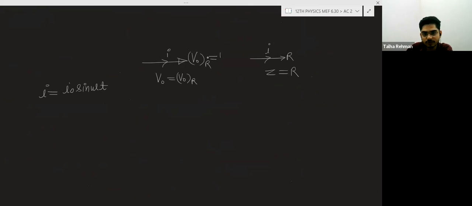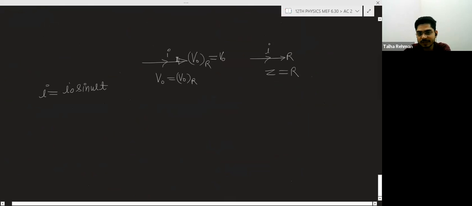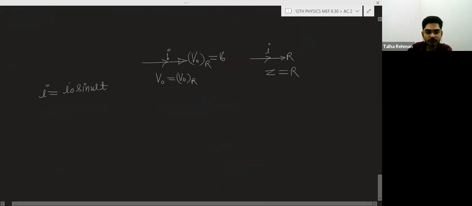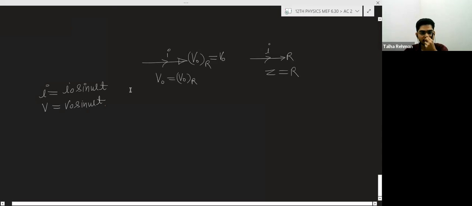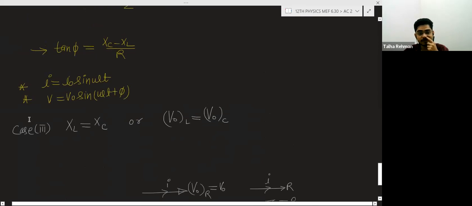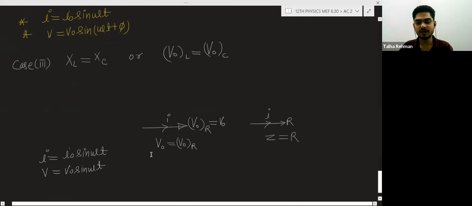This is the resultant voltage, and the current is in the same phase. So the equation of the voltage will also be like this: V is equal to V naught sine omega t. Why this? Because both voltage and current are in the same phase. Basically this is the condition of resonance. Resonance is a separate topic, we will discuss this topic in detail.